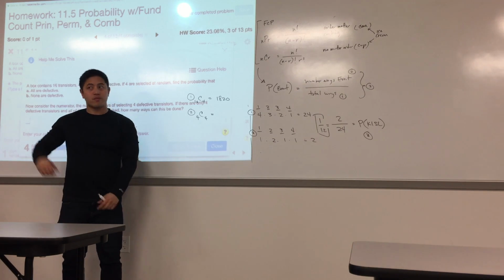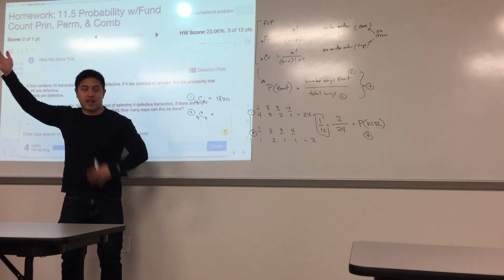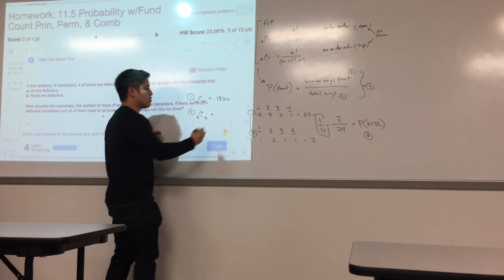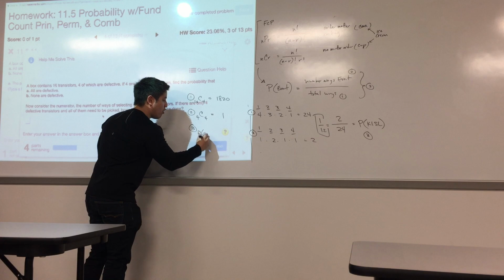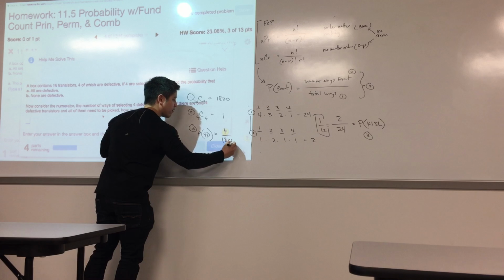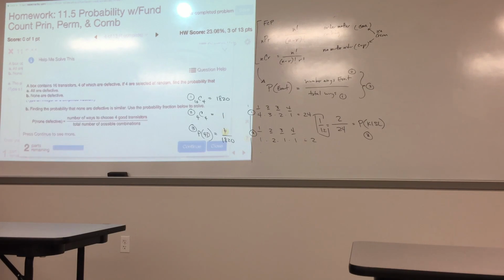In this problem, you have 4 defective transistors somewhere in that group, and you're trying to get exactly 4 defective transistors. Does that make sense, guys? What is that? 1. In other words, the probability of getting all 4 to be defective is 1 out of 1820. Very hard to make happen. There's only one way to do that. And so, what's the probability? 1 out of 1820.